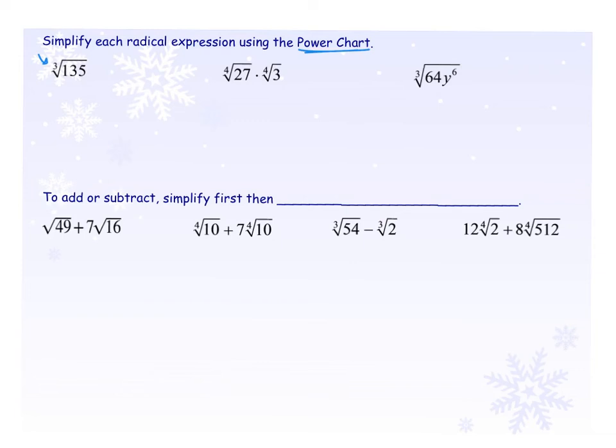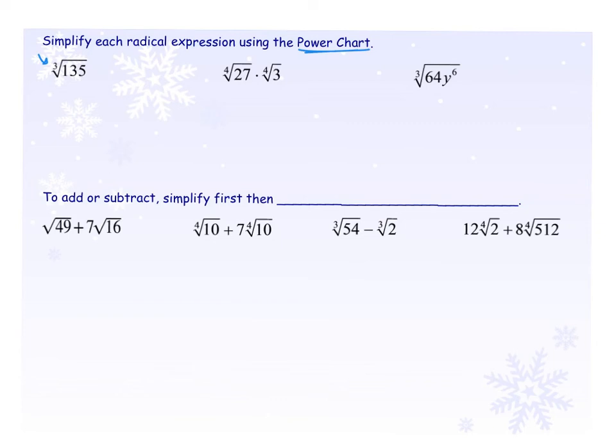If the number for that index is listed, go to that column and try to look at factors that are on that list. If you look at the perfect cube column, 135 unfortunately isn't on that list. And I know if I try to break this down, 2 doesn't go into 135, 3 won't go into 135, will it?